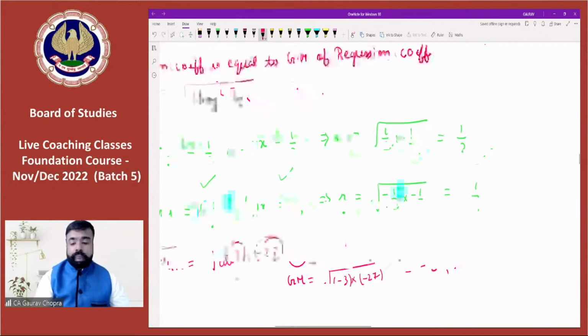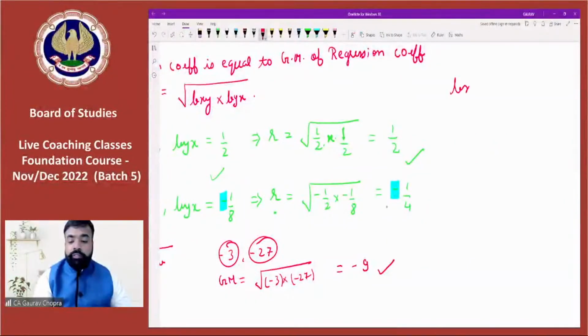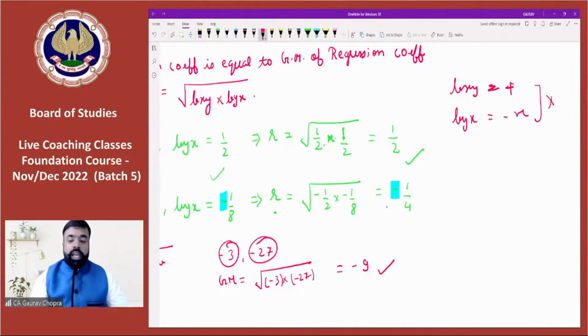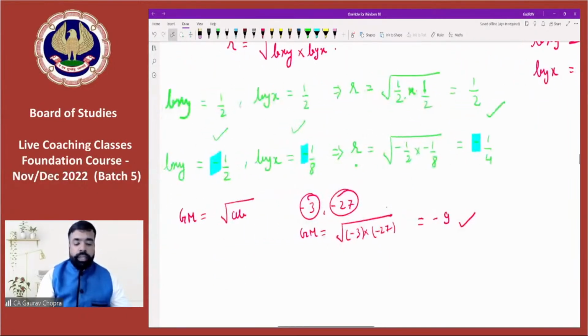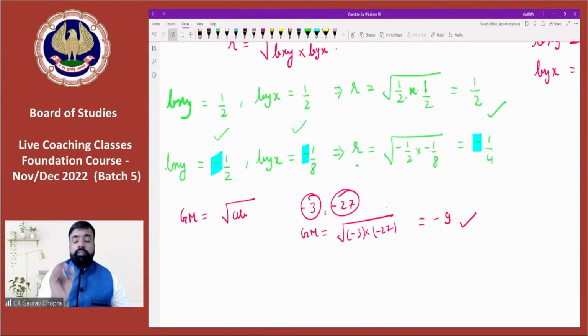If by any chance we are getting bxy as positive and byx as negative, that means those two equations are not the regression equations, and so these two will not be the regression coefficients. So this will be incorrect. So geometric mean will have the same sign as that of the given values.